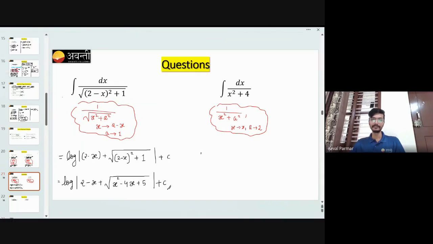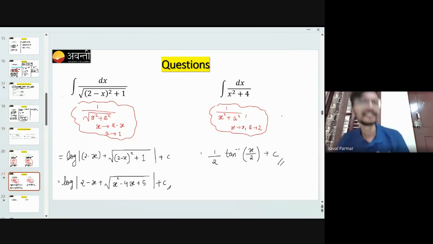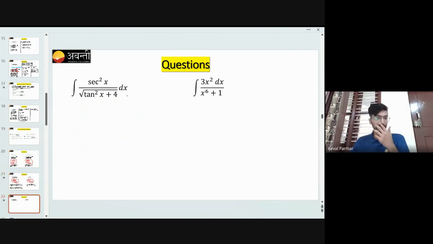So that means this is the first formula, 1 by a tan inverse of x by a plus c. Simple. These are very good warm up type questions, so that you just know how to apply the formula. Got it?